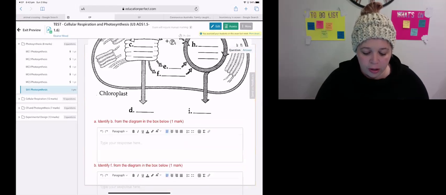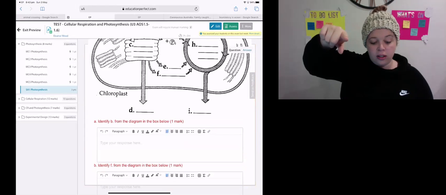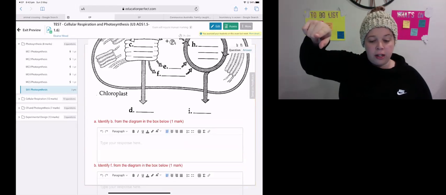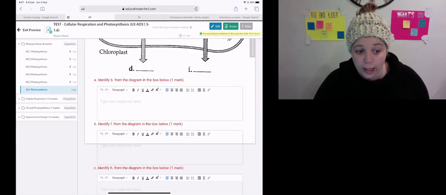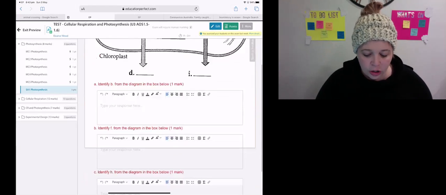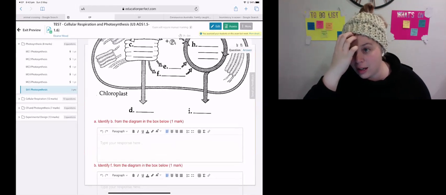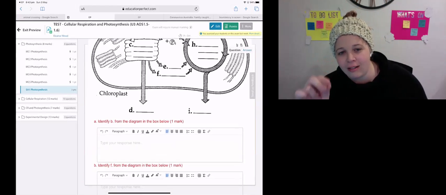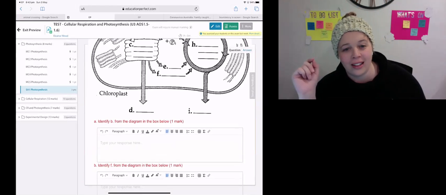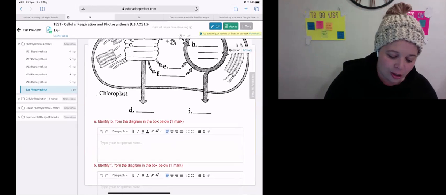F was one of the products that left the light-dependent reaction and went into the light-independent reaction, so that should be NADPH or ATP. And then H was the name of this second part, so it's the Calvin cycle, and I'm really sorry that we wrote down light-dependent reaction. That's wrong. It should be Calvin cycle or light-independent reaction.